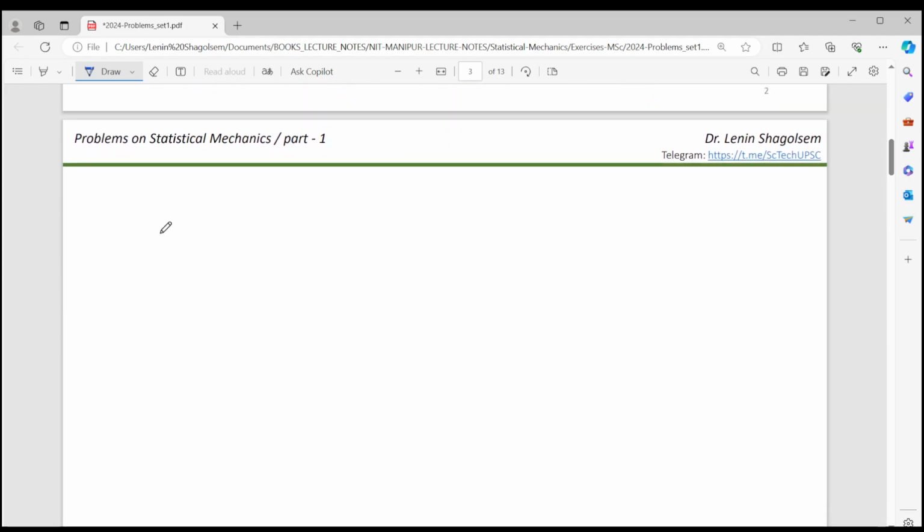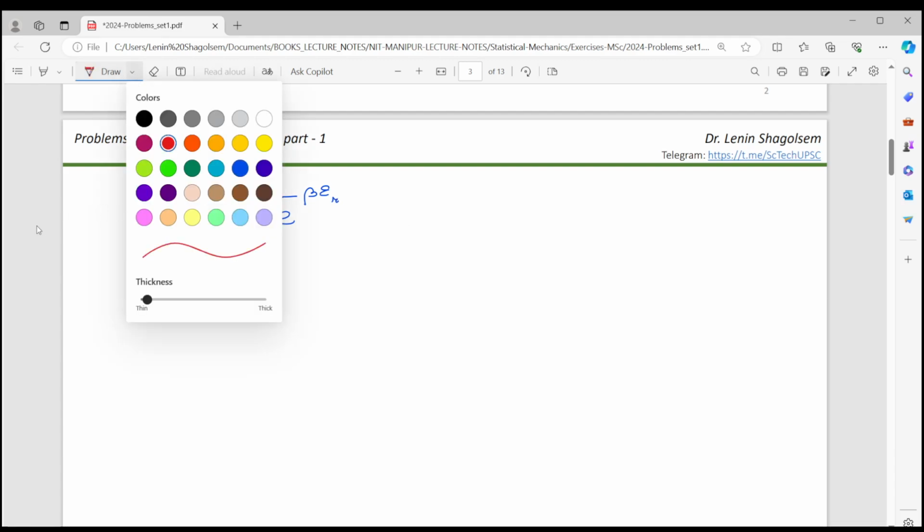The same partition function Z, where we incorporate the degeneracy, is the sum of g_r, e to the minus beta E_r.